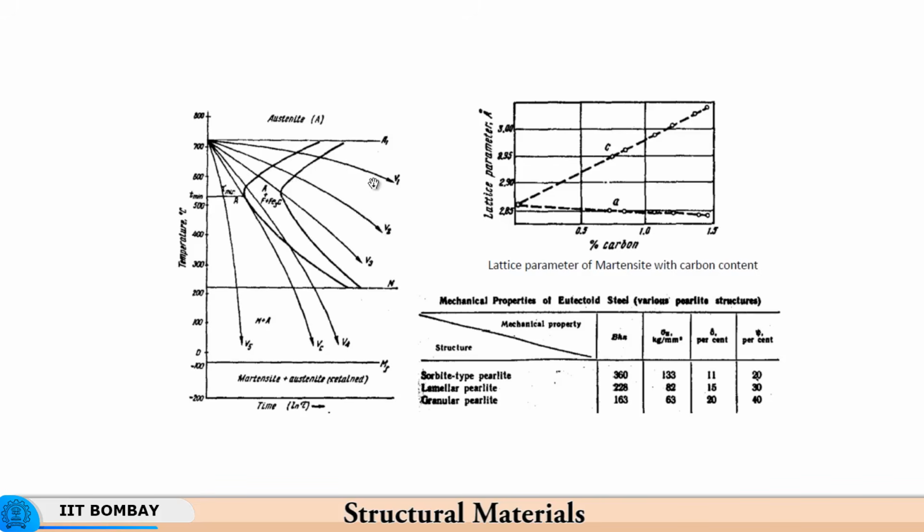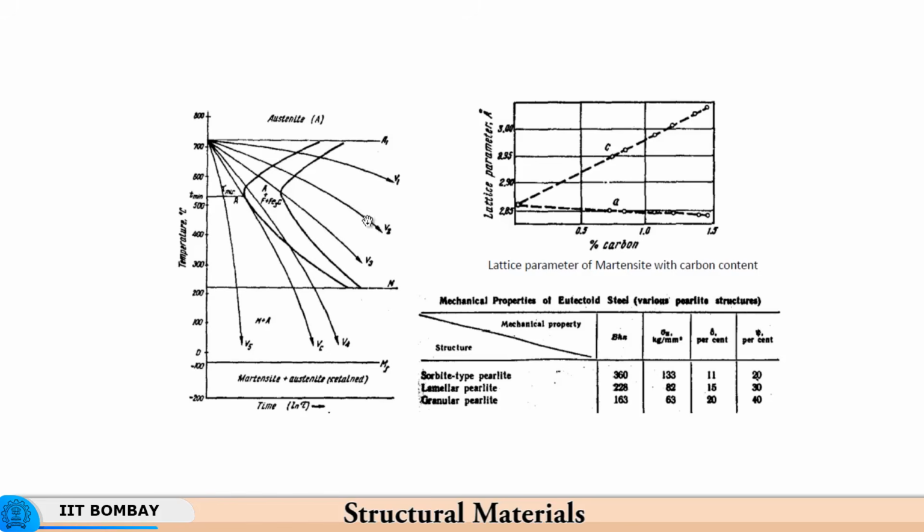Now the nature of pearlite continues to be different. For example, here it will be a little coarse pearlite because you are holding it at a high temperature. There is a greater chance of diffusion of atoms, so the thickness of the pearlite lamellae will be more because of the greater diffusion distance which is possible at a slow cooling rate.